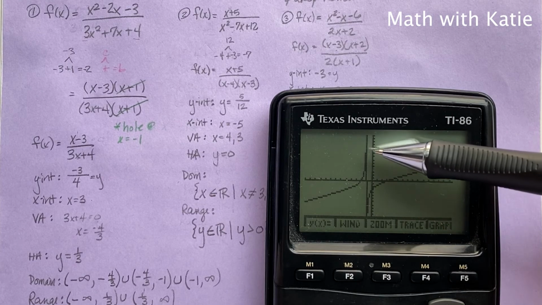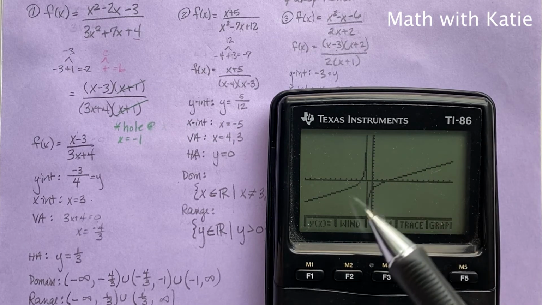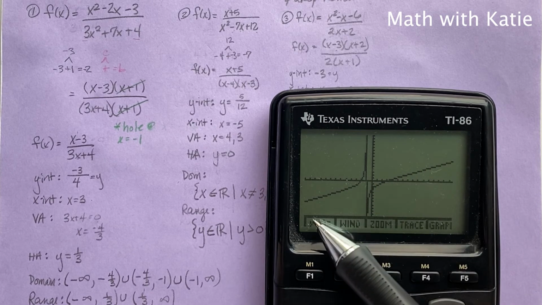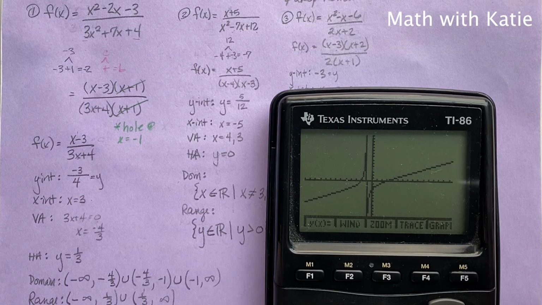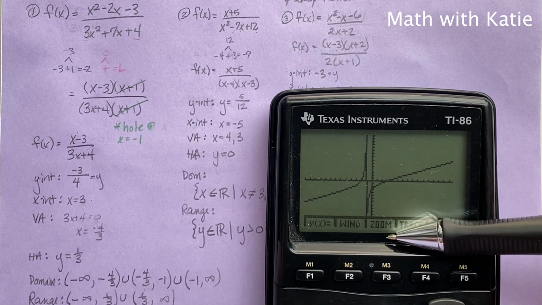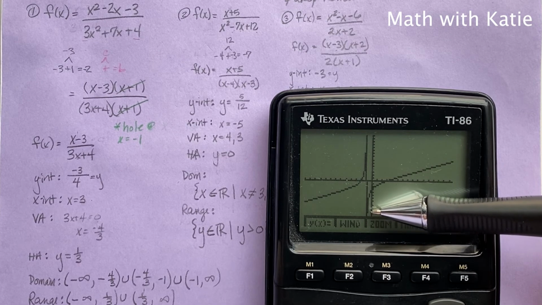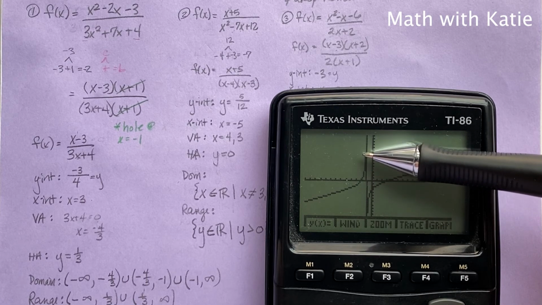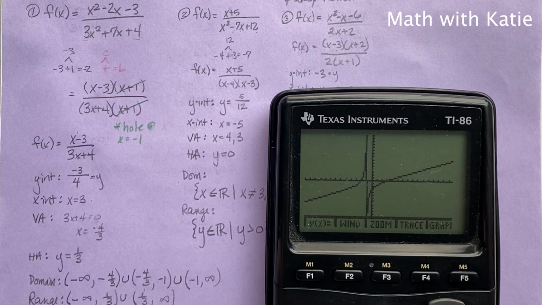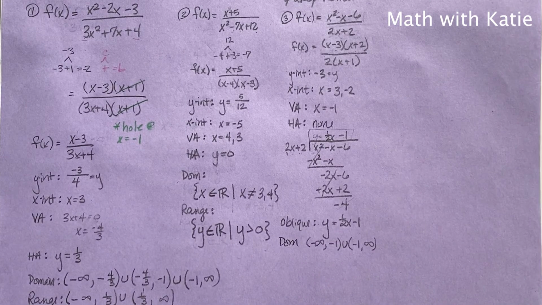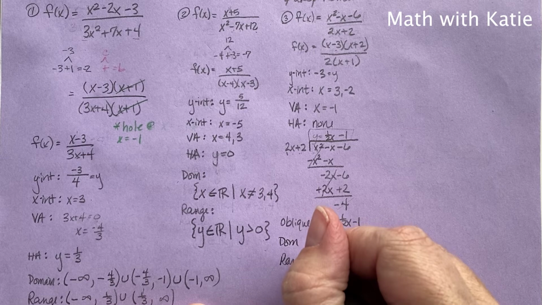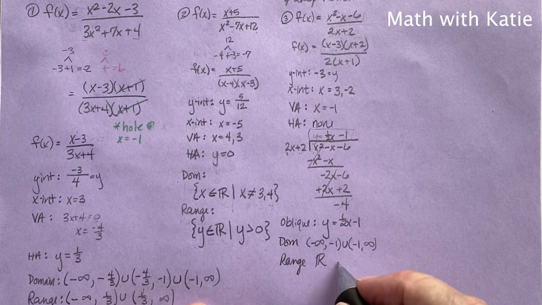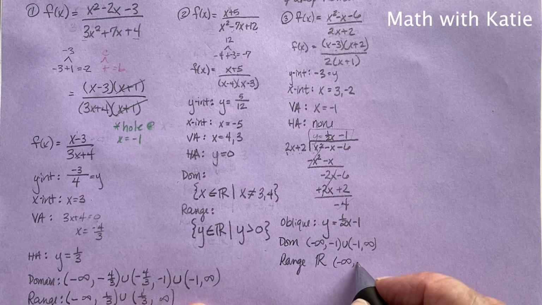So here you will see the vertical asymptote and also the oblique. You can see that straight line here that the graph does not cross. But what we notice is when we go up the range, since we don't have a horizontal asymptote, we have all real numbers. So our range is all real numbers, or can be written as negative infinity to positive infinity.